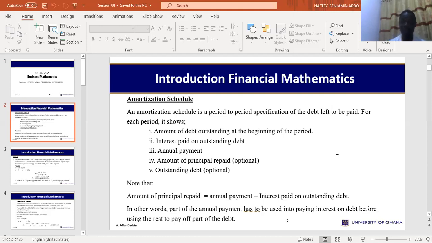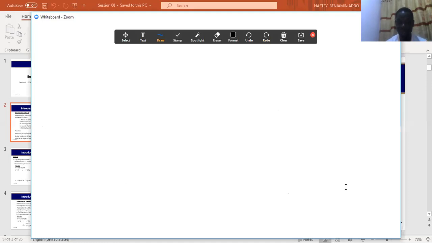Then the formula will be like this. So let me just take a new slide. The formula will then be like this. So it's just about you knowing which formula to use for which problem.